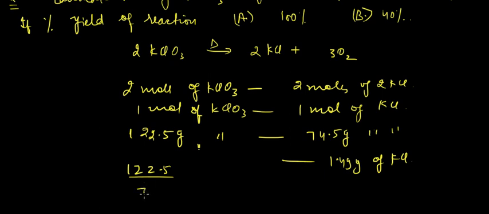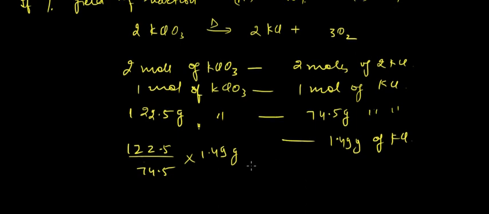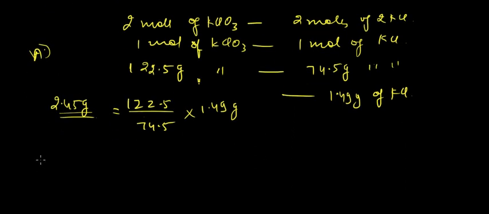So we require 2.45 grams of KClO3 for A part, when the yield was 100%. Now B part is yield is only 40%.